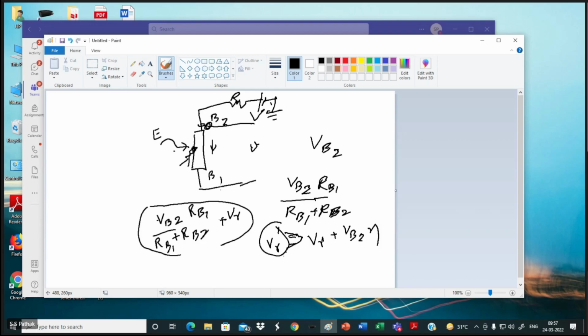It will be something like this: this voltage must be equal to this, I'm calling it V gamma dash. V gamma dash must be greater than or equal to, or you can say, V minus VB2.